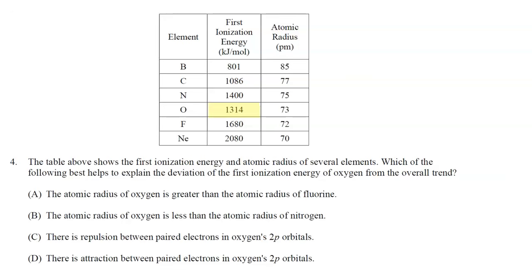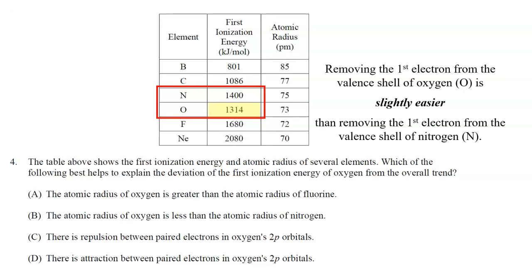Again, that's higher. But then right there in the table, we can see that the first ionization energy for oxygen is actually less than that of nitrogen. So the message here is that for some reason, removing the first electron from the valence shell of oxygen is slightly easier than removing the first electron from the valence shell of nitrogen. So why is this?